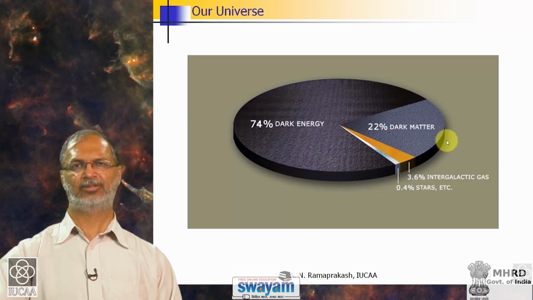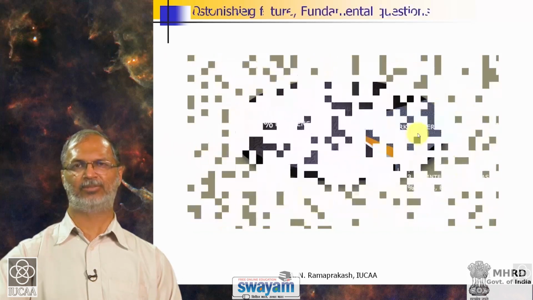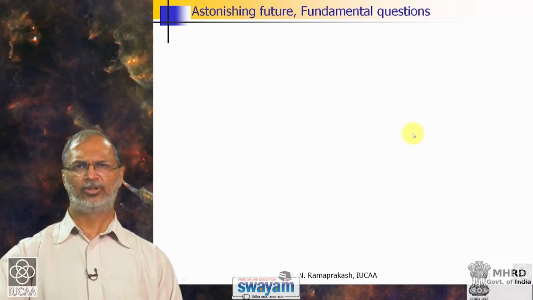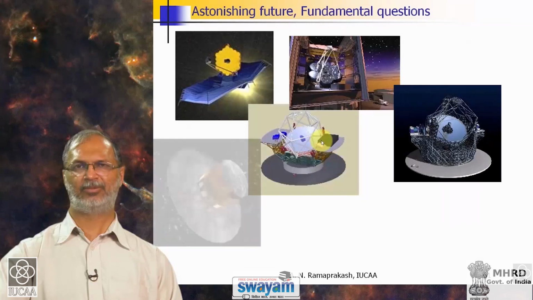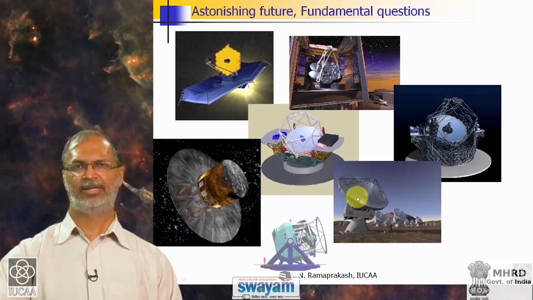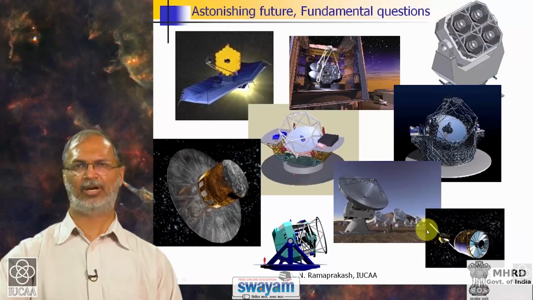TMT kinds of telescopes will allow you to address these questions and try to find out what these are. So, to summarize, we are poised on the verge of a revolution in astronomy, with a large number of new facilities being built around the world, both operating from space and from ground.